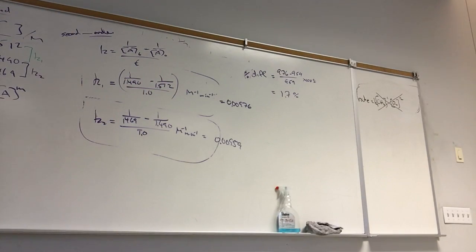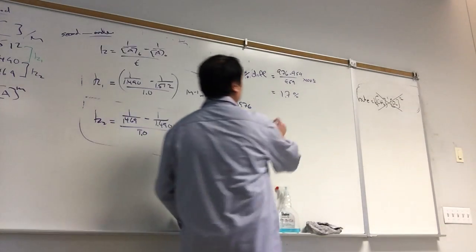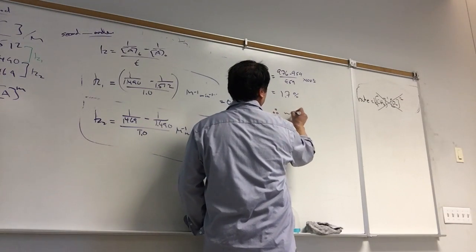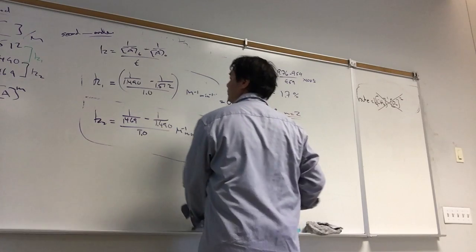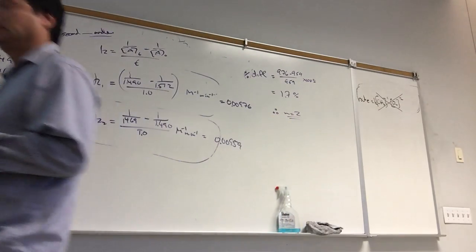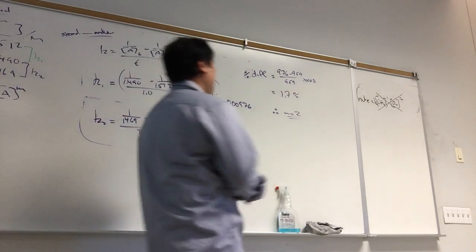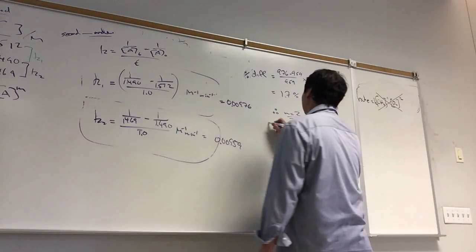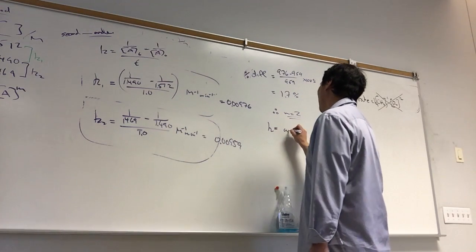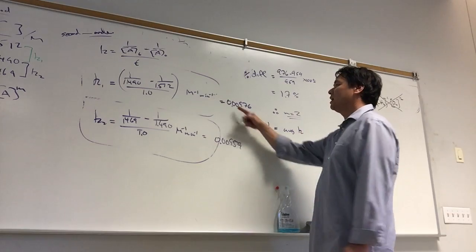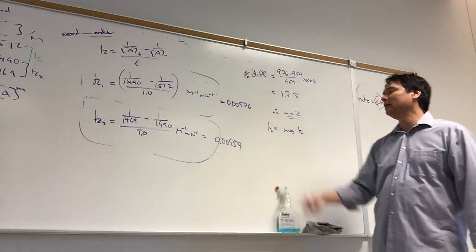And so, therefore, M is equal to 2. So we figured out what M is, then we have to figure out what K is. The best is to get the average K. Both K's should be the same, right? It should be linear.